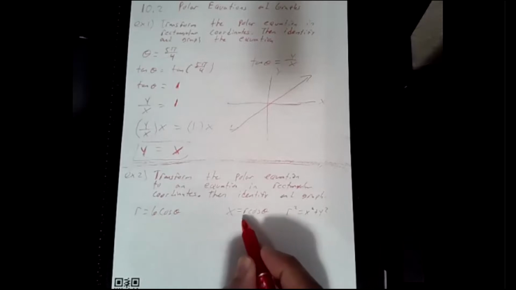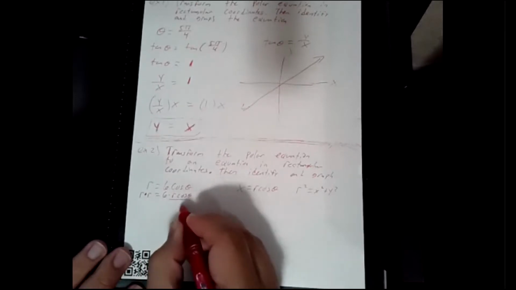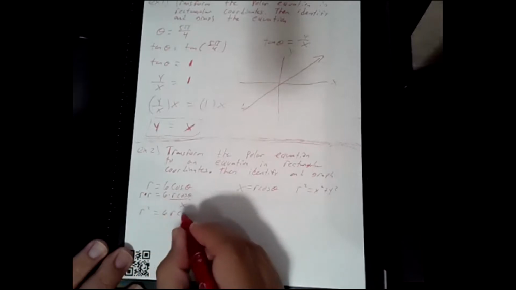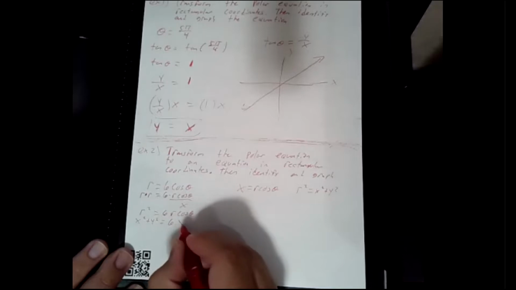That way we can convert it. So I'm going to multiply both sides by R, and put the R right in front of the cosine. Now this is X. So we have R squared equal to 6R cosine theta, which is really X squared plus Y squared is equal to 6X.